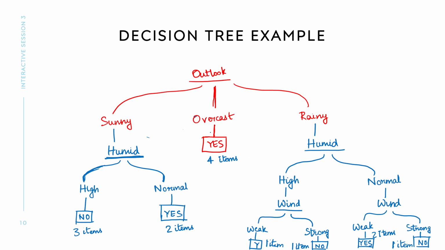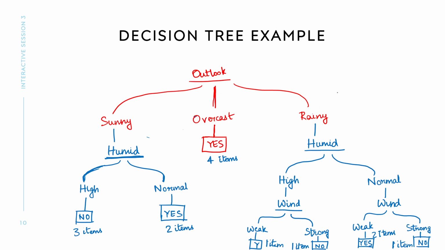Yes, right. So the thing is that if you had started with humidity here, right? Here you can see that Overcast has four items and maybe that's the maximum number, so maybe I should start with Outlook. But say for some reason you started with humidity, then you would have had high and normal, and then Outlook would have come, and this Overcast thing would have been distributed all over the place.